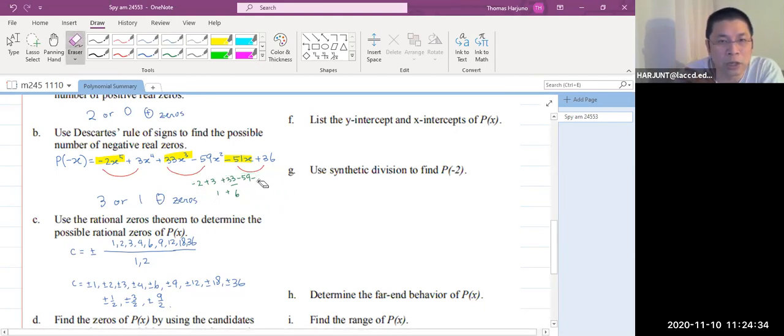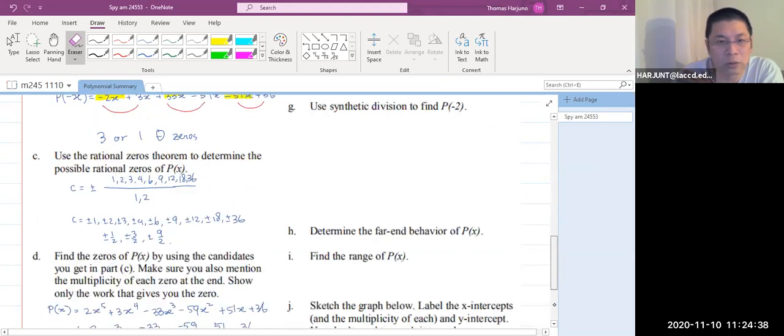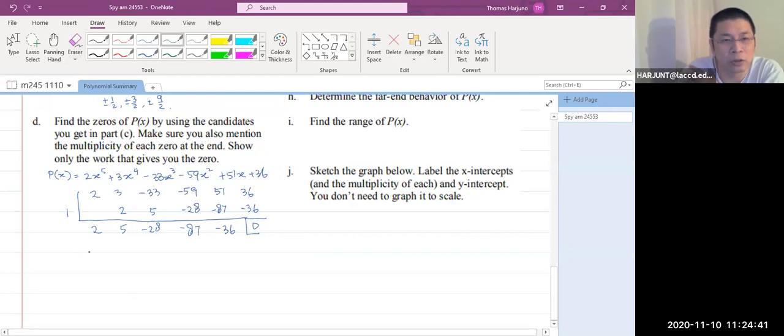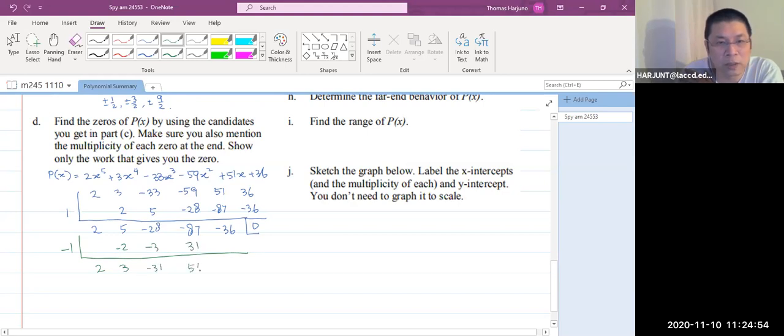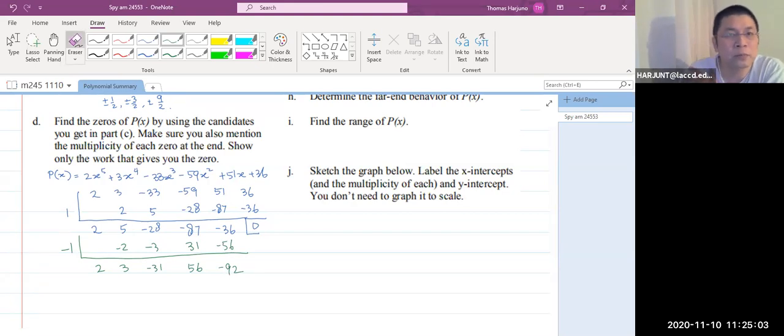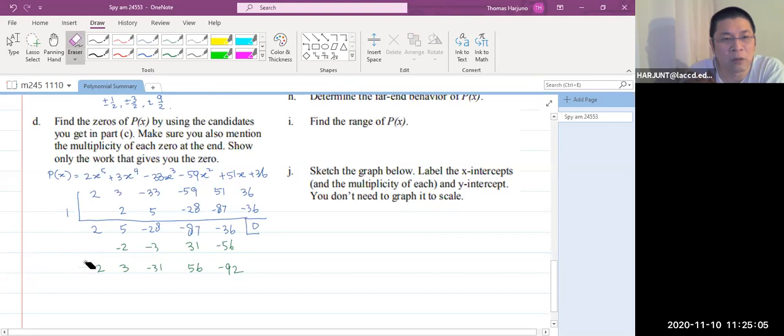I tried to check that here and it turns out that the sum is not 0. So you can try it here. I use green color, which means I will erase it later. When I try negative 1: this is 3, negative 31, this is 56, that's negative 92. So no, negative 1 is not a zero.